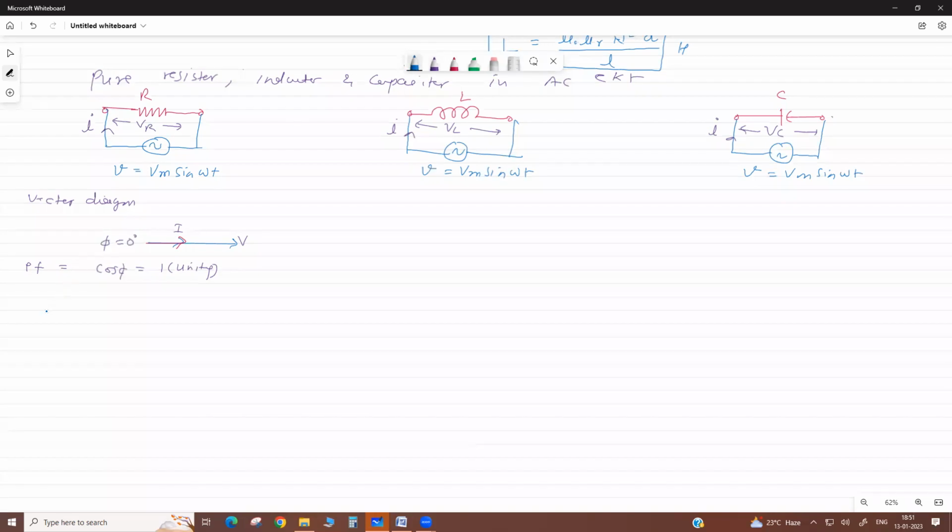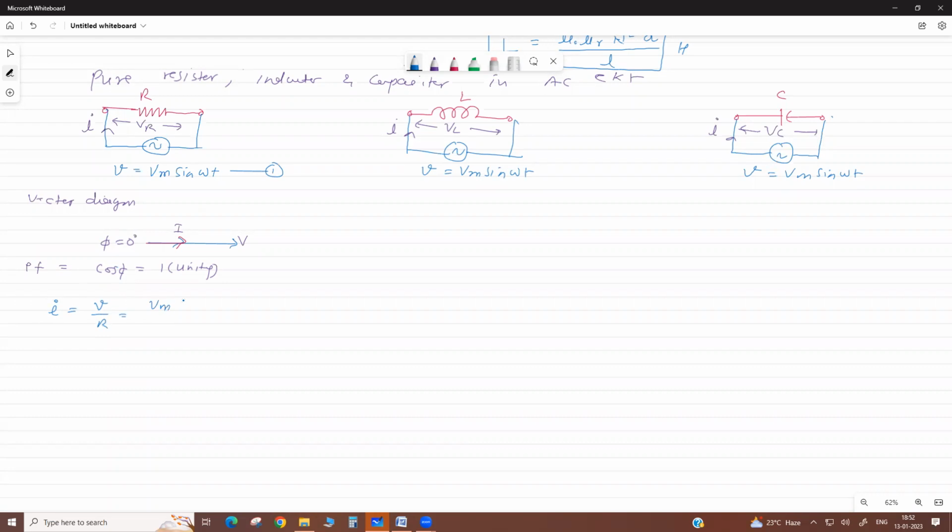Before this phasor diagram, we should also calculate the current. Voltage we know; this is your applied voltage. Now I equals V by R.